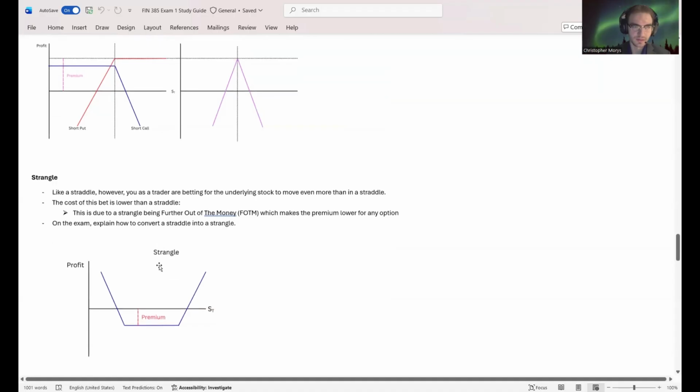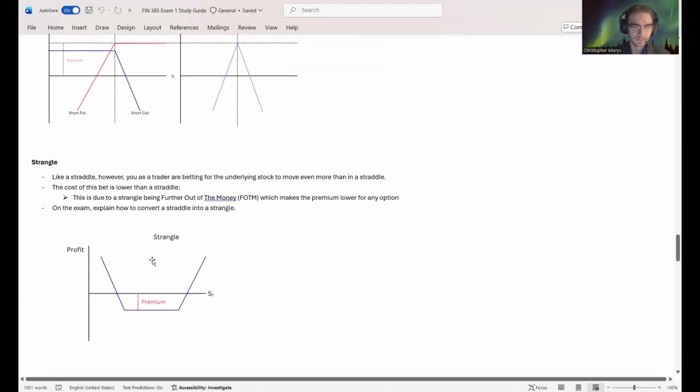So this is the strangle. You pay the premium to the short position, and you're betting that the stock will move in any area within here.